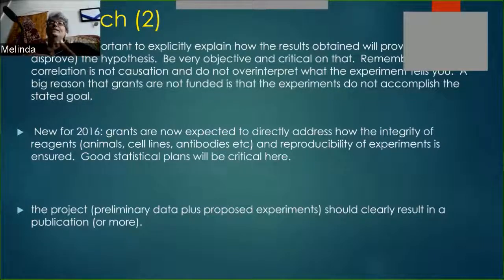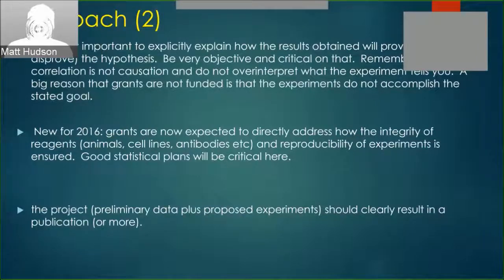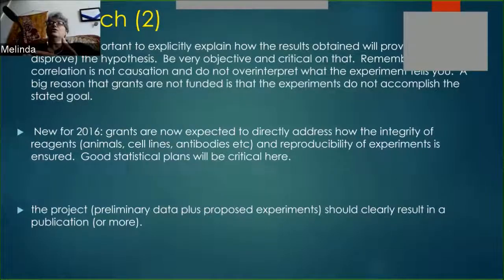Now there is a separate section talking about reproducibility of cell lines, animals and antibodies, but for many of you who do more social science or clinical research, you're going to want to have a very, very clear statistical plan that really gets at reproducibility and rigor, because reproducibility and rigor is now directly addressed in grant reviews.